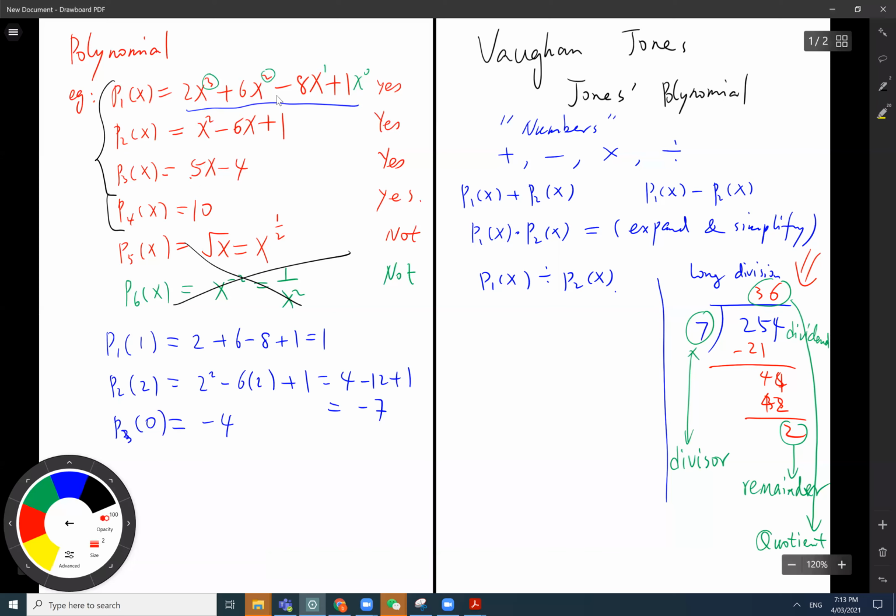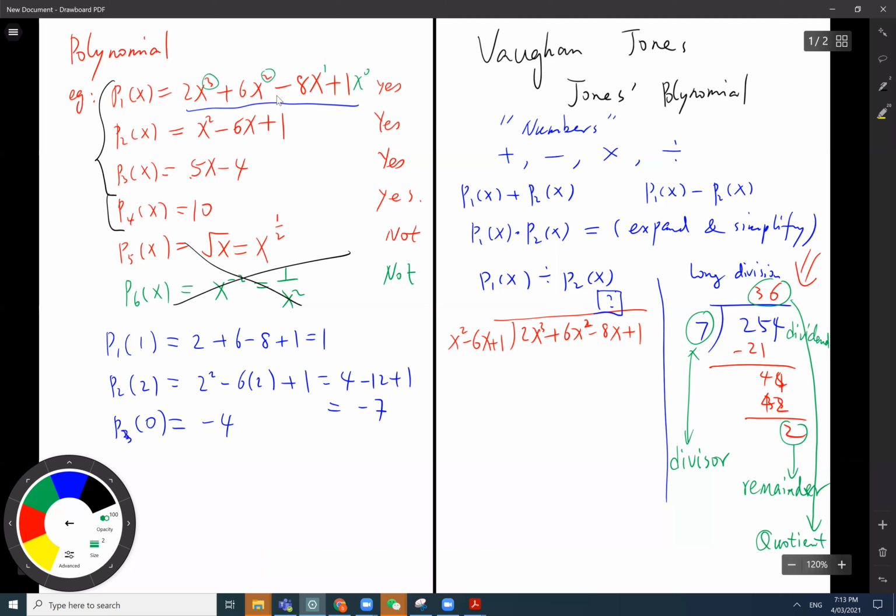The other division is very similar to this one. For example, if we try to divide P1, which is 2x^3, 6x squared, 8x plus 1, by x squared minus 6x plus 1. You try to find something in the box.